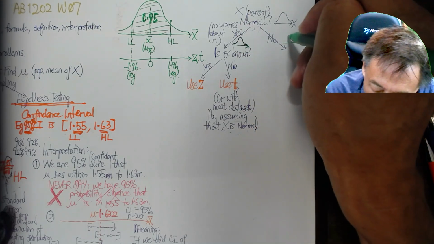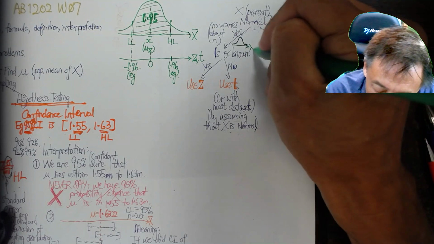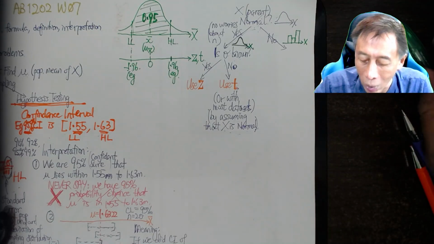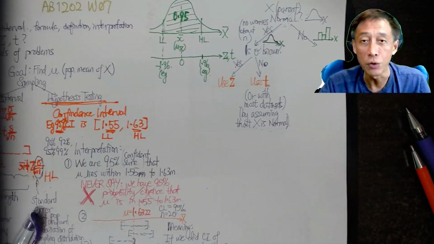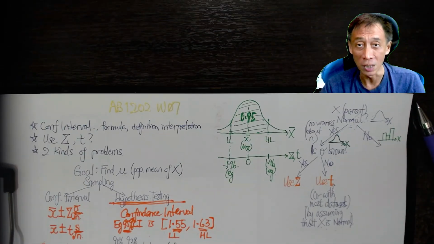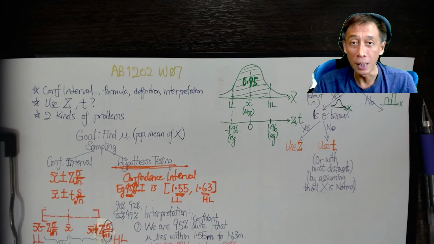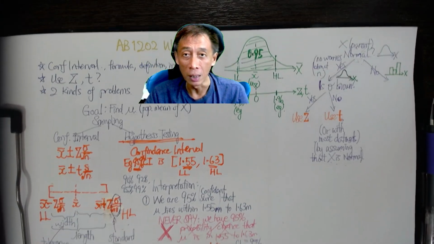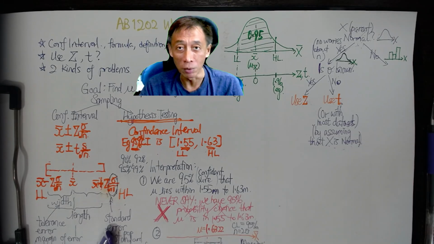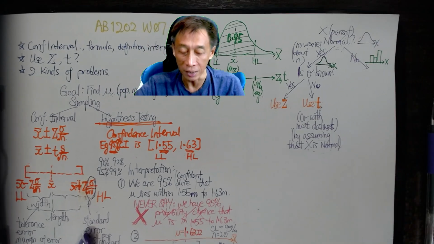So we have something like this: the parent is very non-normal, and you cannot make the assumption that X is normally distributed, because it is maybe unreasonable, maybe inappropriate, maybe the question already said that X is not normal. Then if you say, let's assume that X is normal, it's very unreasonable, right? So you're already invalidating the question.